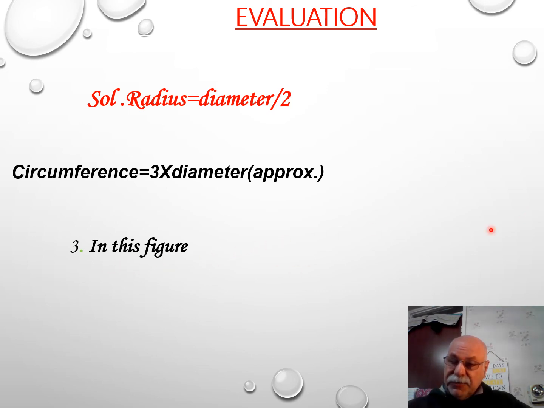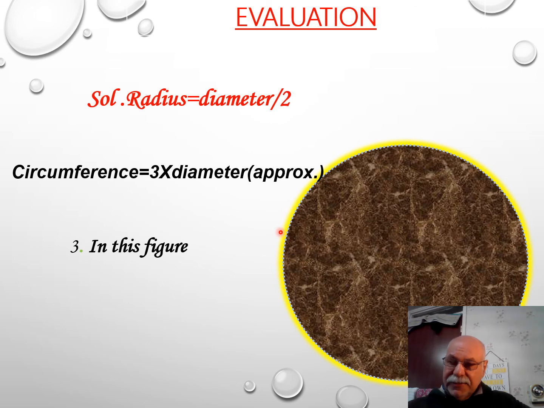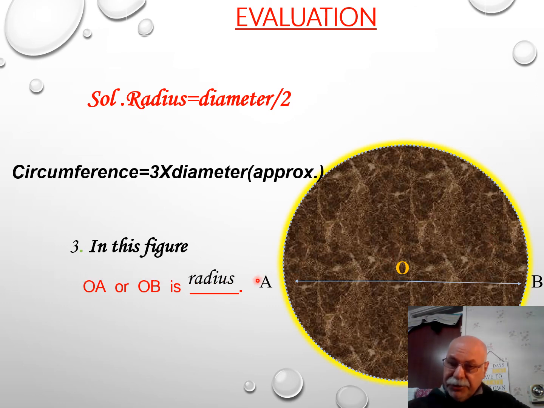And these figures will be seen about this circle, this point O here, and this line is the diameter. So OA or OB, what is it equal to? Radius.